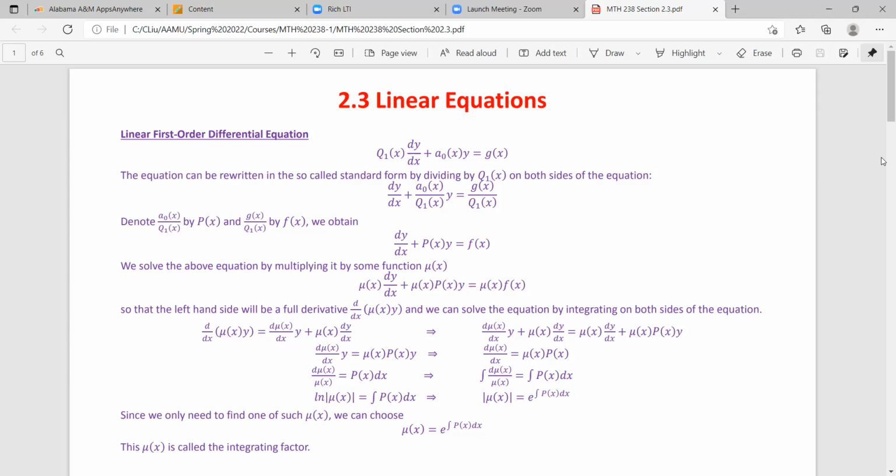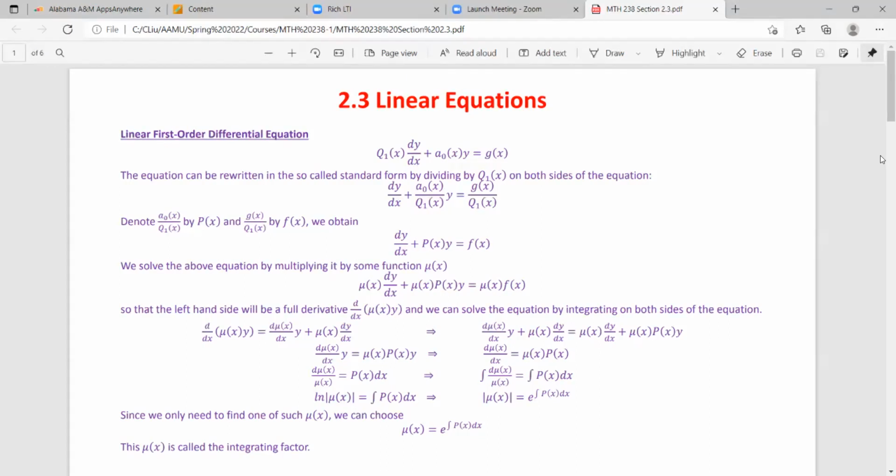Okay, so the way to solve this type of equation is to try to make a full differential or derivative on the left-hand side by multiplying by some function we don't know.